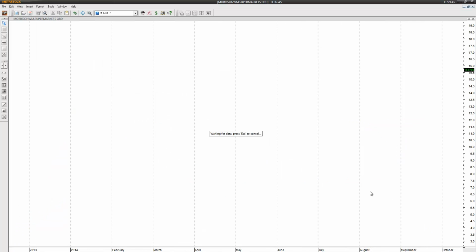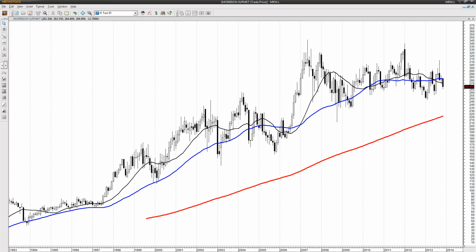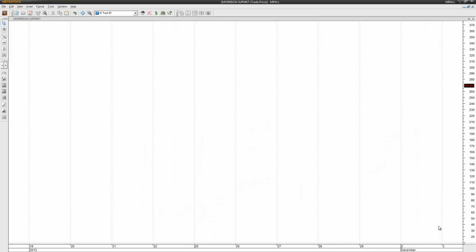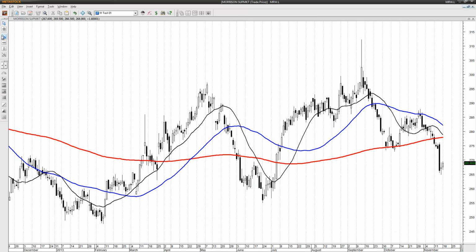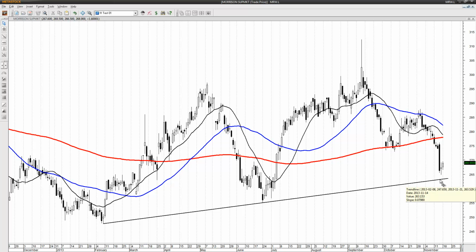Next chart. Morrisons Supermarket. I need to change to daily because it's easy to see. You could see it on a weekly and monthly chart as well, but this is a trend line connecting this trough from February to June, and if you calculate this correctly and precisely, you will end up with a level of 264 for Morrisons Supermarket from the London Stock Exchange.